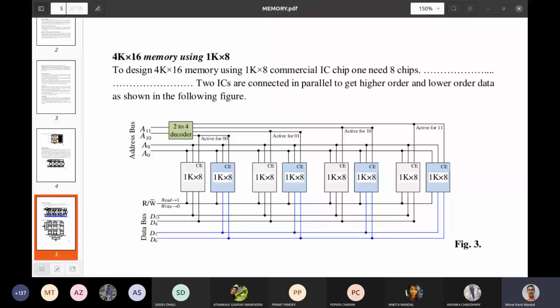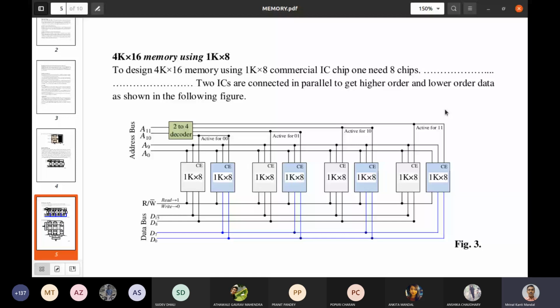So how will we produce a 16 bit memory location? To produce the 16 bit location, how many ICs do you need? You need 8 different ICs. Because to produce 4K, you need 4 ICs, and each IC will contain 8 bit.